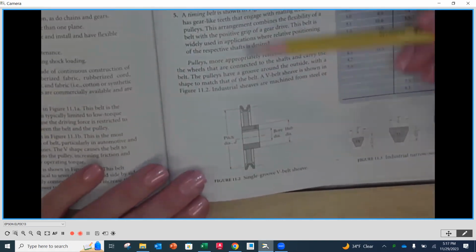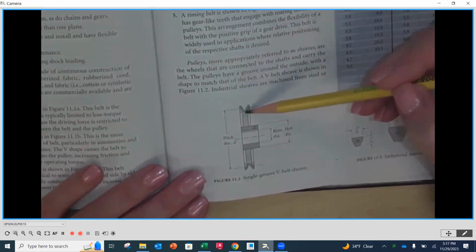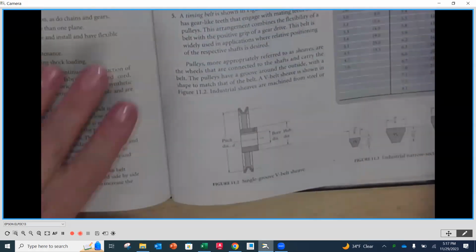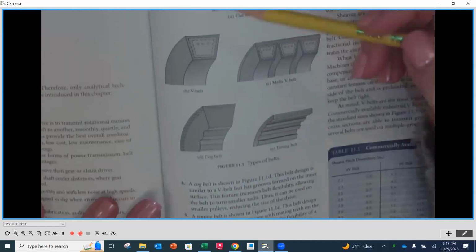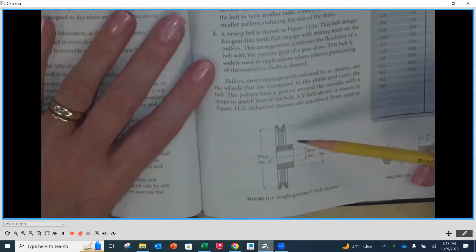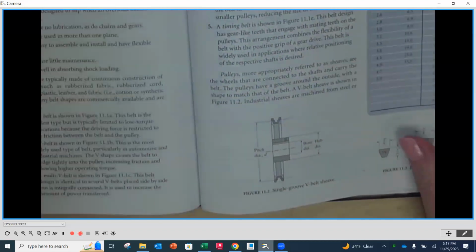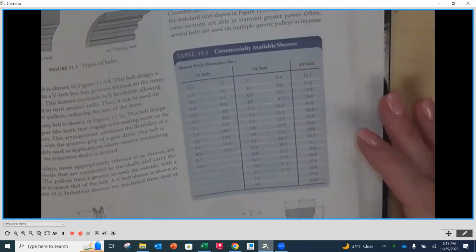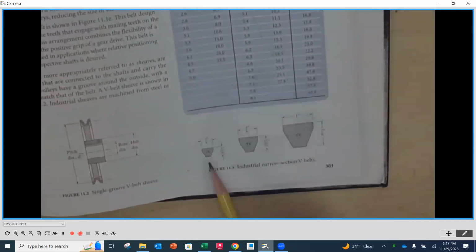And so the form of the V is going to fit down in the pulley itself, which is going to accept the belt. So it's important that the belt match up with the pulley, okay? And we're going to find that there are a couple different types. There's a 3V, a 5V, and an 8V. And all that's going to do is give us the size of each one, okay?